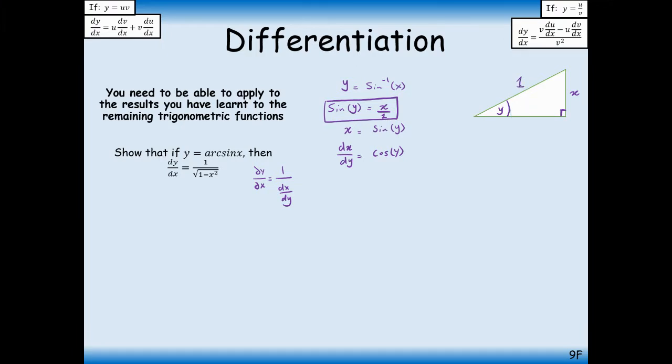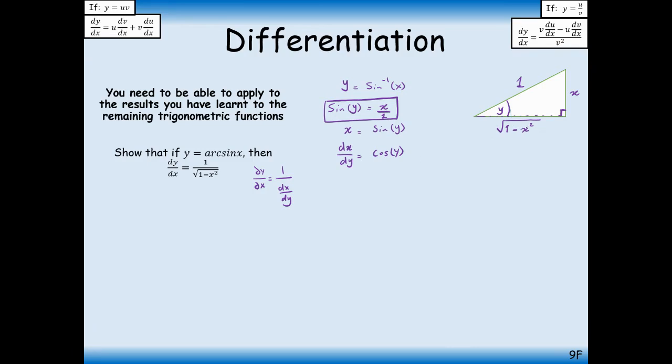Doing a little bit of Pythagoras, we can know that this adjacent side is going to be 1 squared minus x squared. Sorry, I've got the square root of that, so I'm just using Pythagoras there.